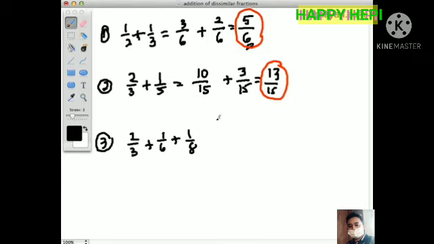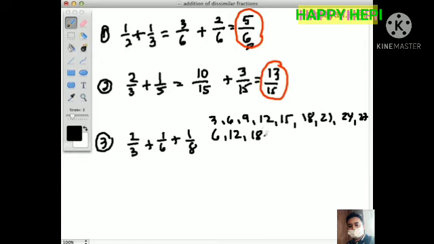Okay, so we have denominator 3 for our first fraction. We have 3, 6, 9, 12, 15, 18, 21, 24, 27, and so on. Okay, for denominator 6, we have 6, 12, 18, 24, 30, 36, and 42, and so on.